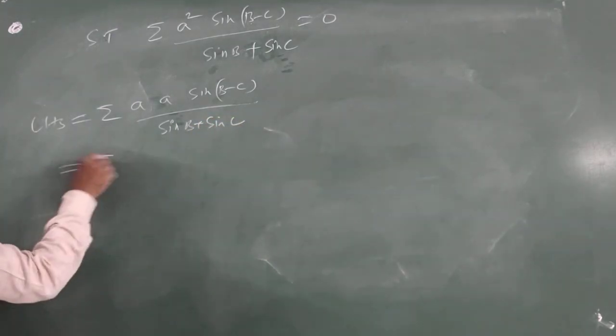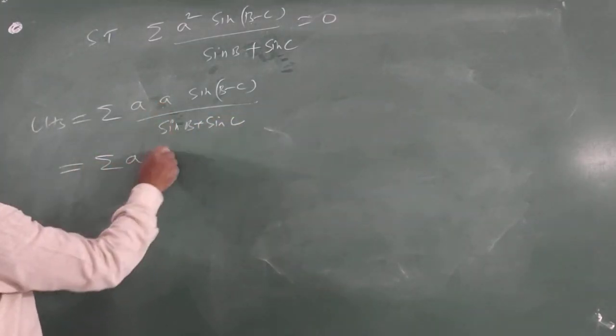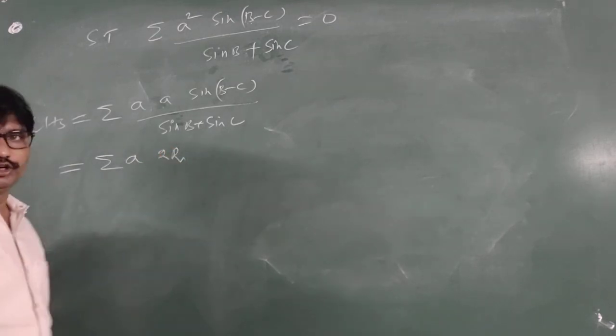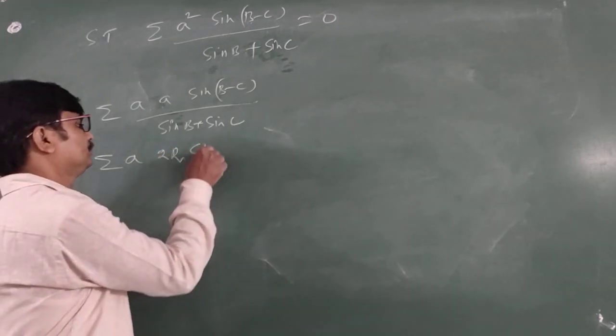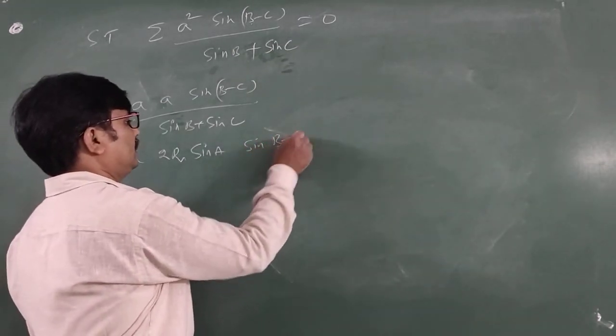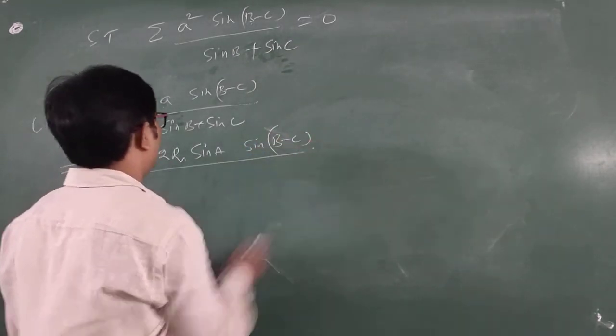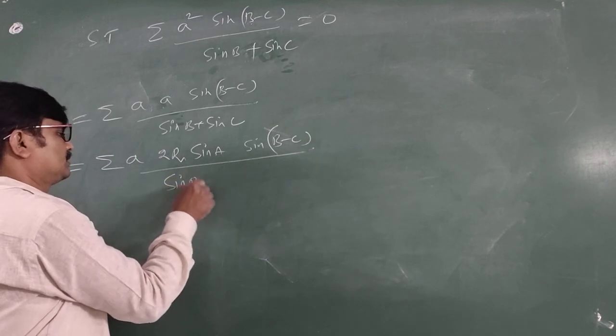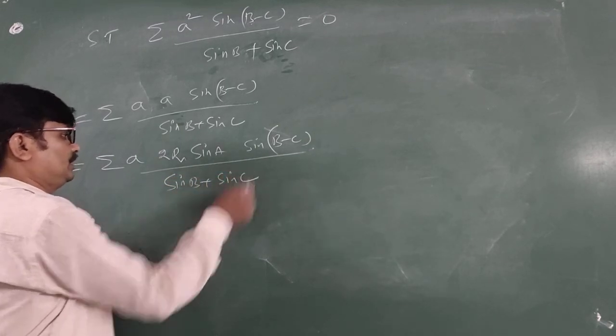We have to know that the small a from the sine rule is 2R sin A, so 2R sin A into sin of b minus c upon sin b plus sin c.